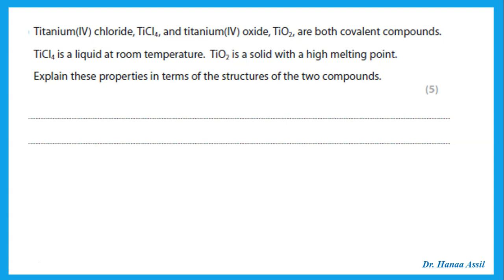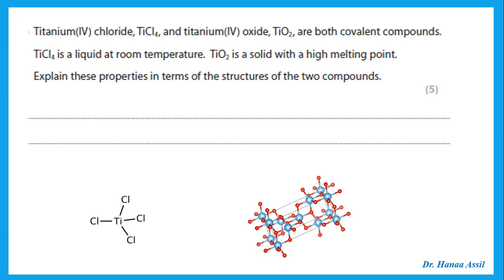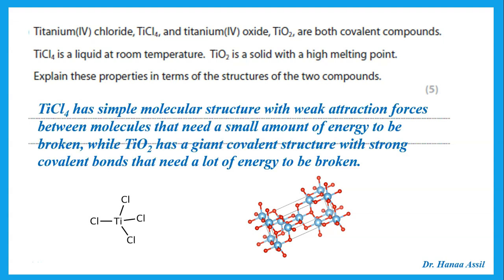Titanium chloride and titanium oxide are both covalent compounds, but we are told that TiCl4 is a liquid while TiO2 is a solid with a high melting point. When something is a liquid, that's probably because it has a simple molecular structure with weak attraction forces between molecules. If something has a high melting point, then it is giant, and we're told it's covalent.